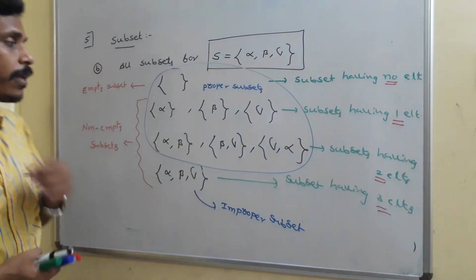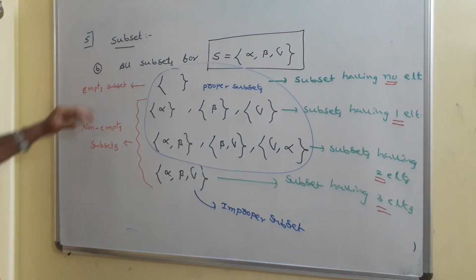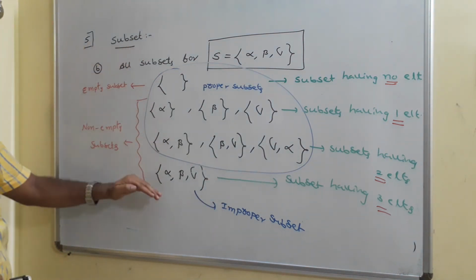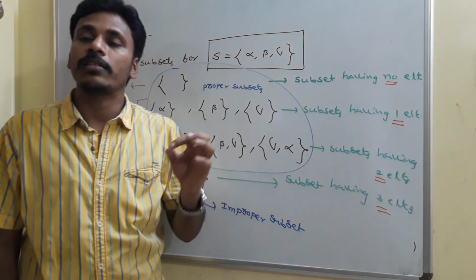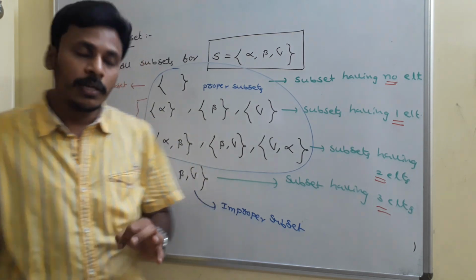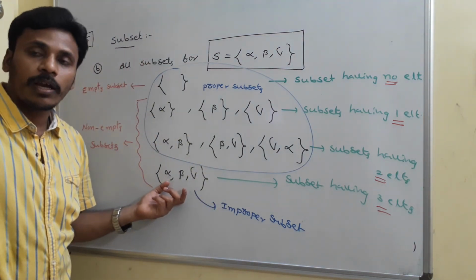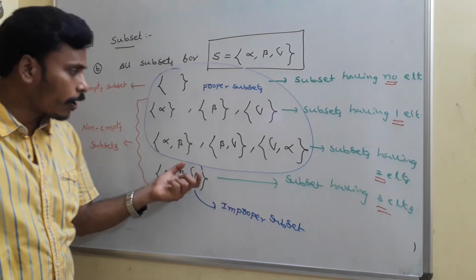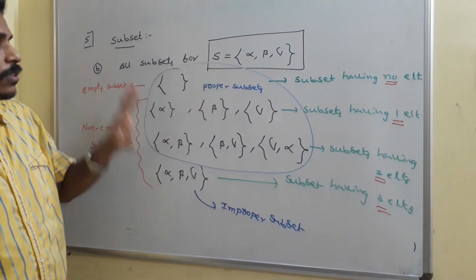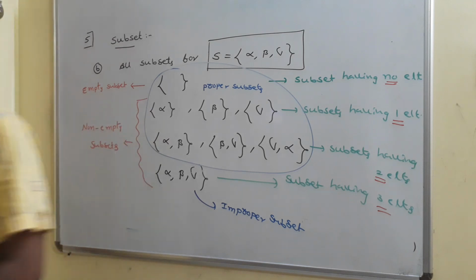If you classify them as empty and non-empty, this is the empty subset and all the remaining sets are non-empty subsets. And if you classify these subsets as proper and improper, the last one, the set itself, is called the improper subset and all the remaining are called the proper subsets. Just have a look, go for a screenshot.